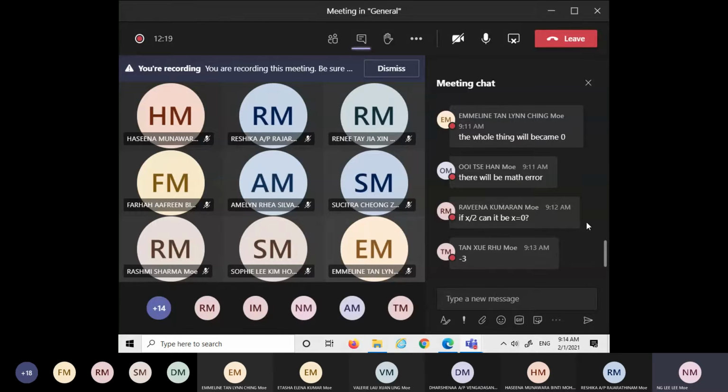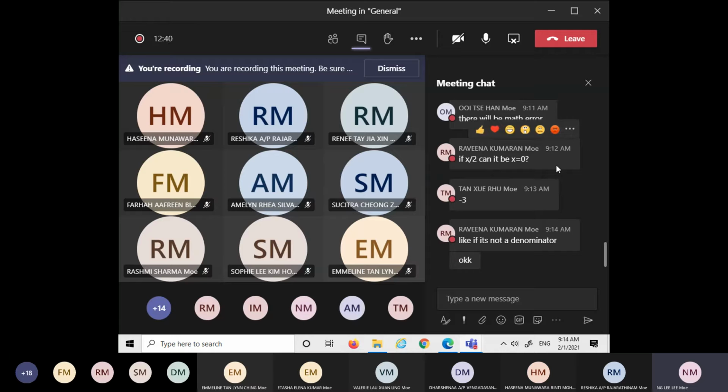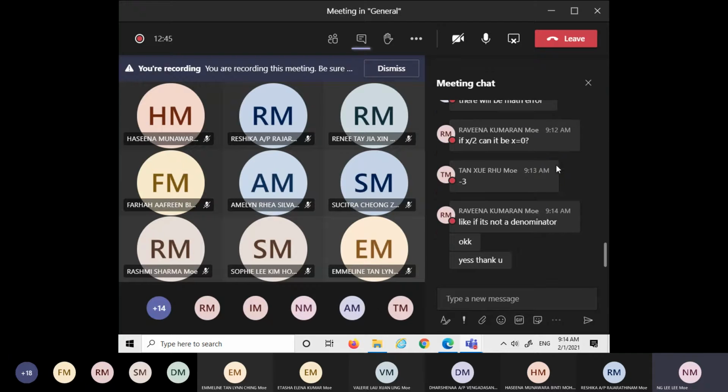There's not a function of x at the denominator. So if the function is x over 2, there is no restriction on the x, you can take any x. Have I answered your question? If your function is x over 2, your x can take any value, because the denominator got no x.